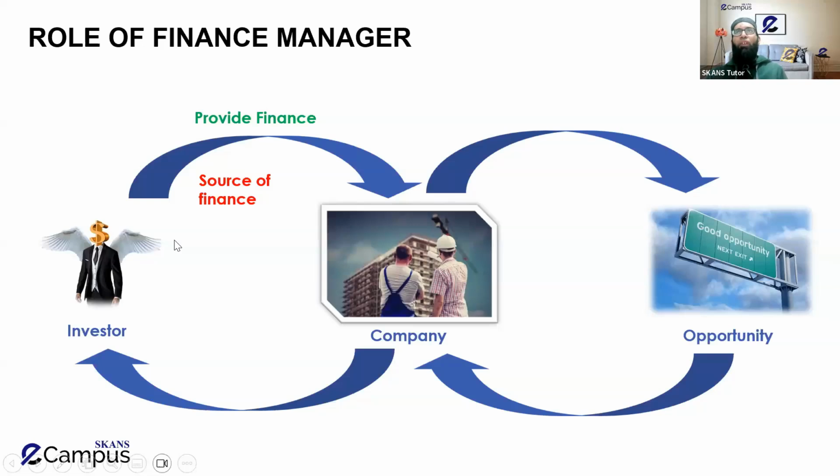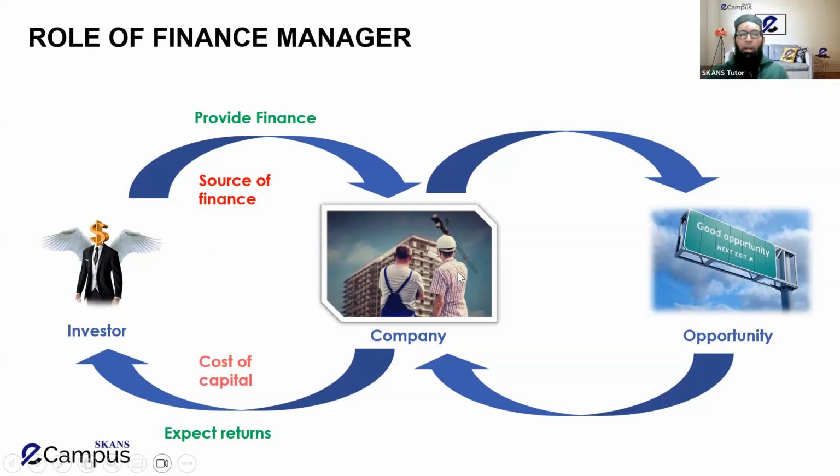Now, upon receiving the funds, the investor expects return from it. Natural. This is a very natural one. The investors are investing in the company. Simultaneously, they anticipate that the company will provide returns to them. So they expect returns.